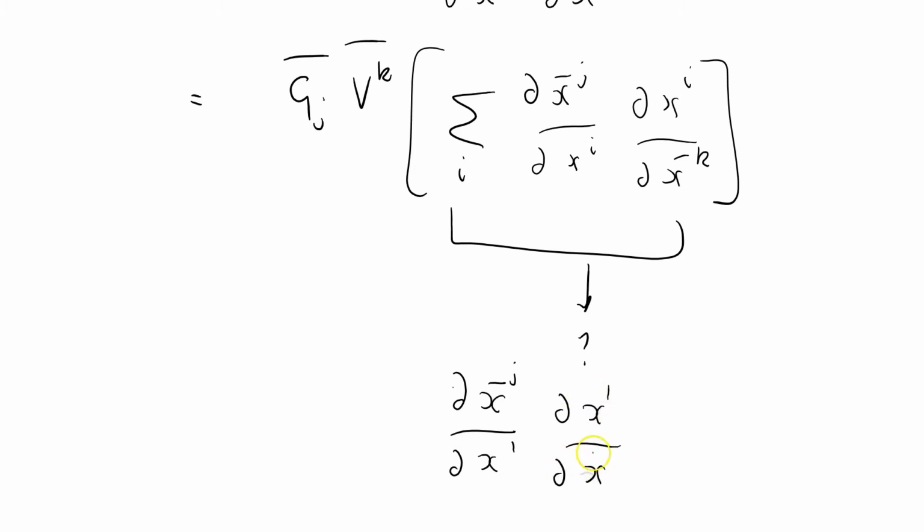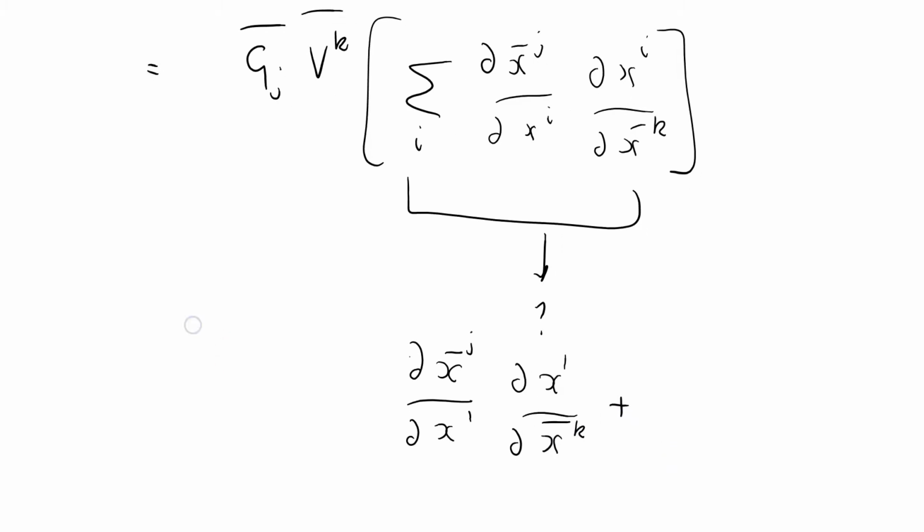by ∂ x̄^K, plus, I'm doing the summation over I, ∂ x̄^J by ∂ x2, because we had a 1 here, and now I've got 2, times ∂ x2 by ∂ x̄^K. That's a 2, not a 3.